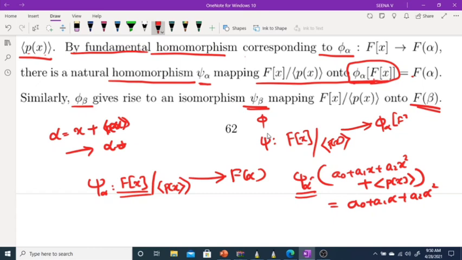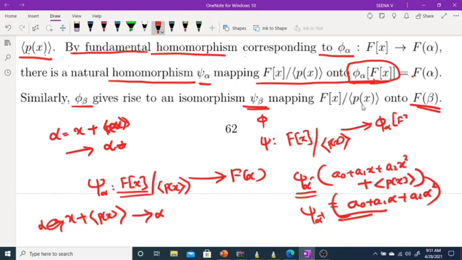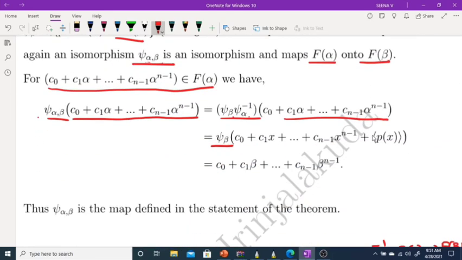So psi alpha inverse of a naught plus a1 alpha plus a2 alpha square is the same as c naught plus c1 x plus etc. plus c n minus 1 x raised to n minus 1 plus the ideal generated by p of x. And if we apply psi beta, this is equal to c naught plus c1 beta plus etc. plus c n minus 1 beta raised to n minus 1.